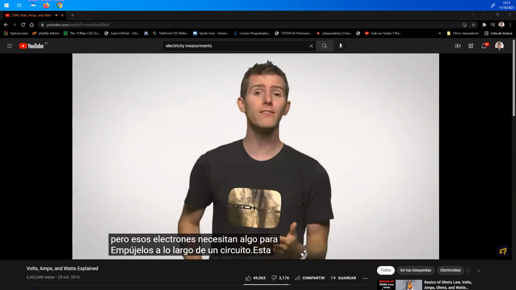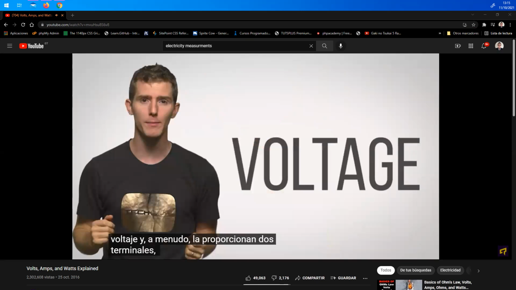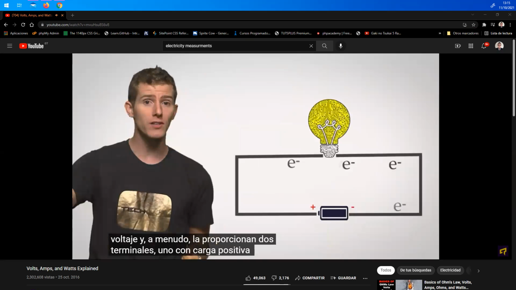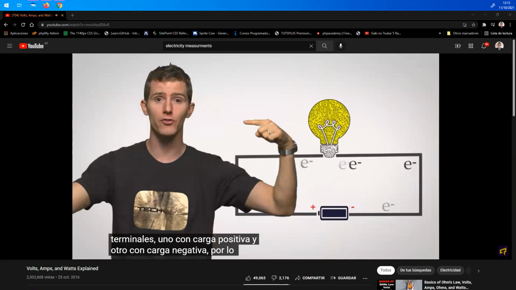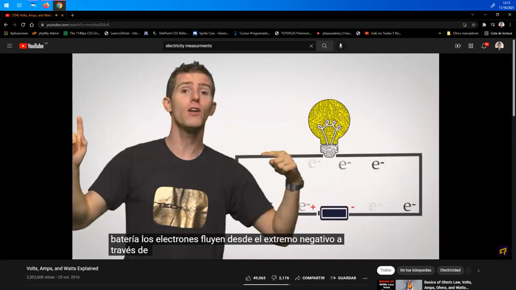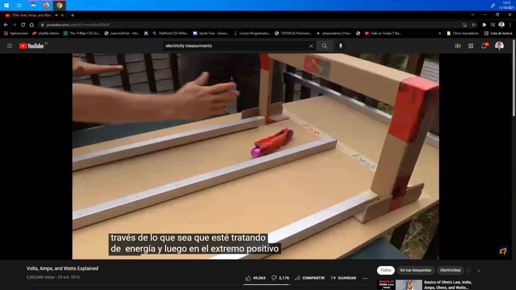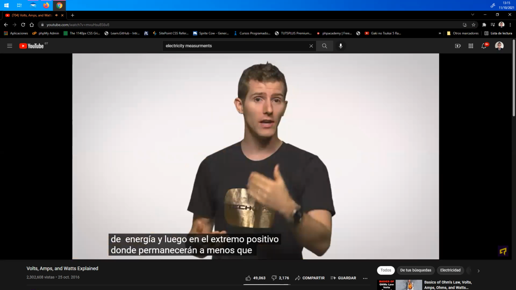This electrical pressure is what we call voltage and is often provided by two terminals, one with a positive charge and one with a negative charge. So on a battery, electrons flow from the negative end through whatever it is you're trying to power and then into the positive end, where they'll stay unless your battery is rechargeable.